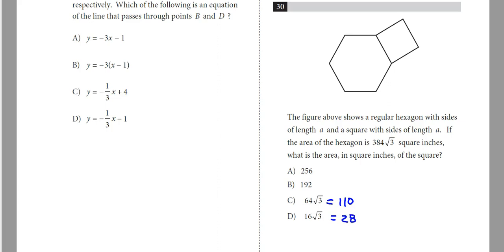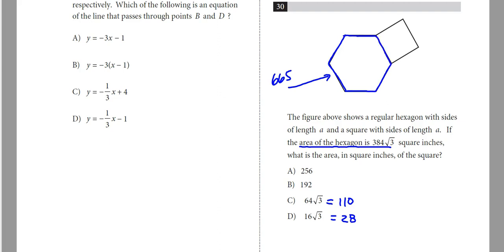And then it says the area of the hexagon, so the area of that hexagon inside there is 384 times radical 3, which is 665. All right. So this entire hexagon, this blue area right here, is 665 roughly.